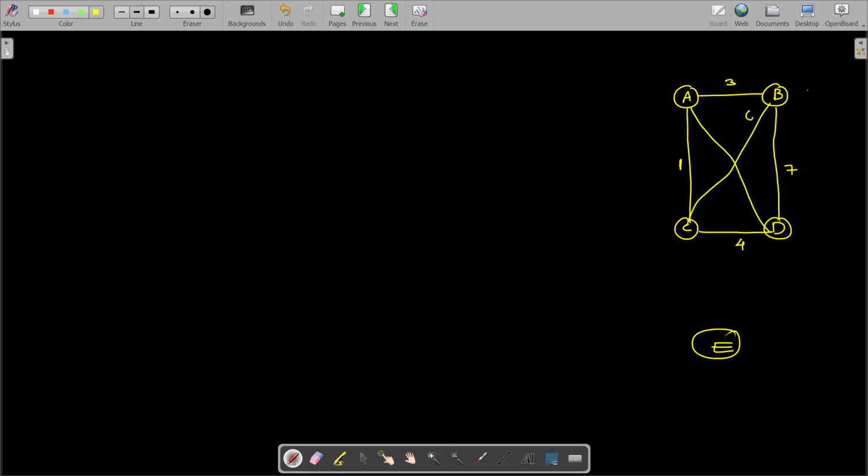This value is 6, this value is 5. C to E connection is there, and D to E connection is there. This is 2, and this is 3. Fine. One more connection you can see from, wait.